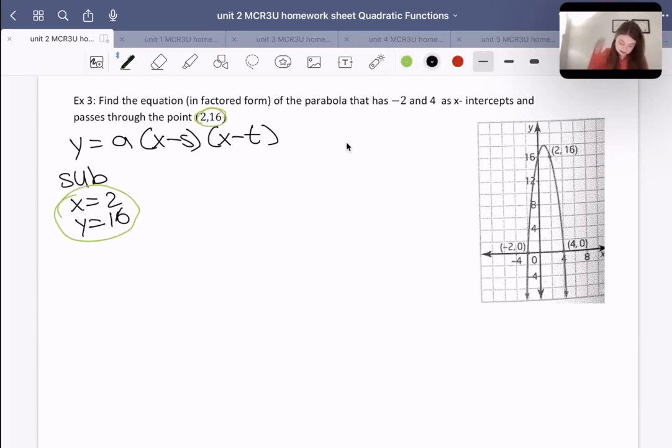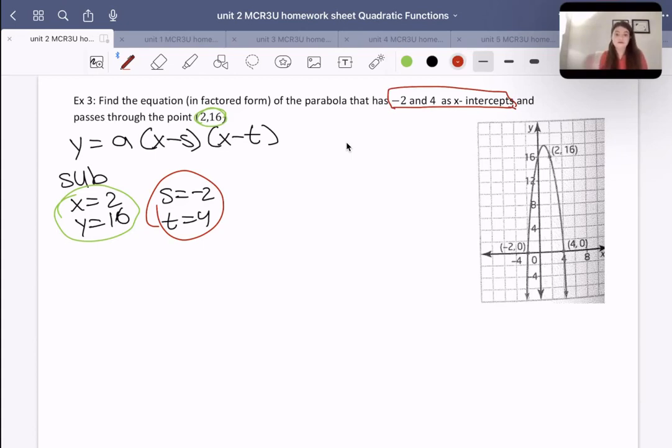I know that this is a point on this graph. And then for s and t, s is going to equal -2, t is going to equal 4, and I got this from here, the fact that the parabola has x-intercepts as -2 and 4. That's how we know that.